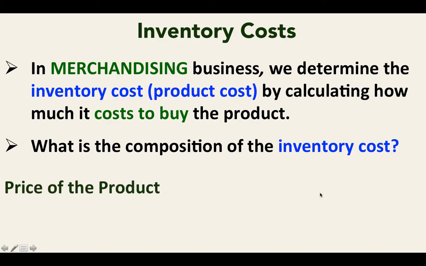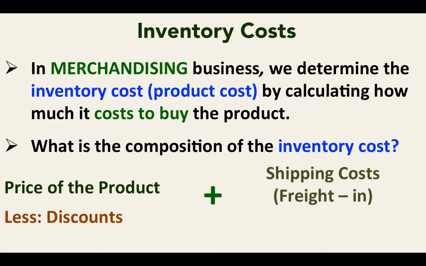Of course, the price of the product. Magkano natin binili yung product? But we have to provide a reduction. Ibabawas natin yung discounts. May discount ba? Let's deduct that. We will have to add the shipping cost. And in accounting, shipping cost in buying the product is what you call freight in.